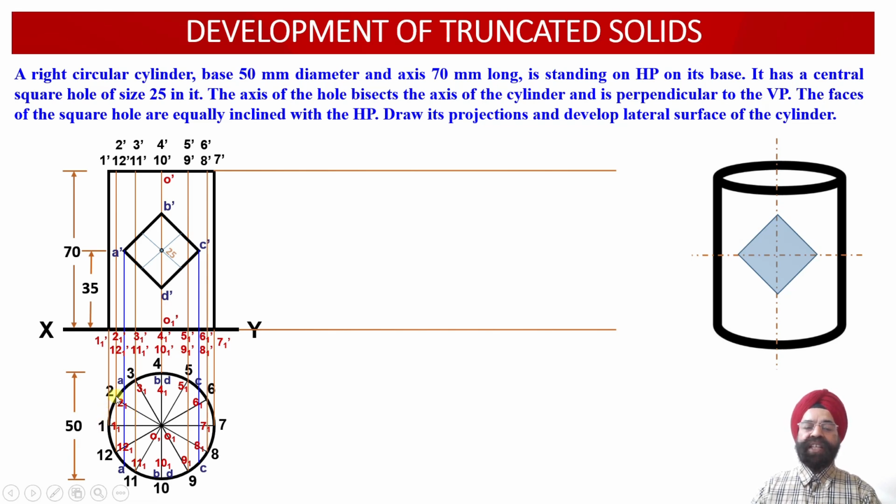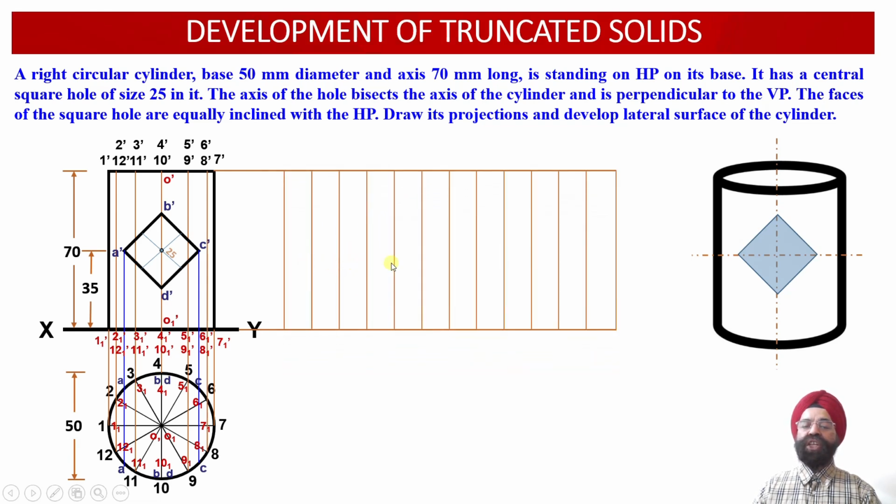Once we measure the distance between the points 1 and 2, 2 and 3 and so on, we evaluate that the distance between the successive points will be equal to the distance between the points 1 and 2 over here. So the 12 segments corresponding to each one of these sectors we are going to obtain over here. We are going to start the development of this cylinder from the point number 1 over here.